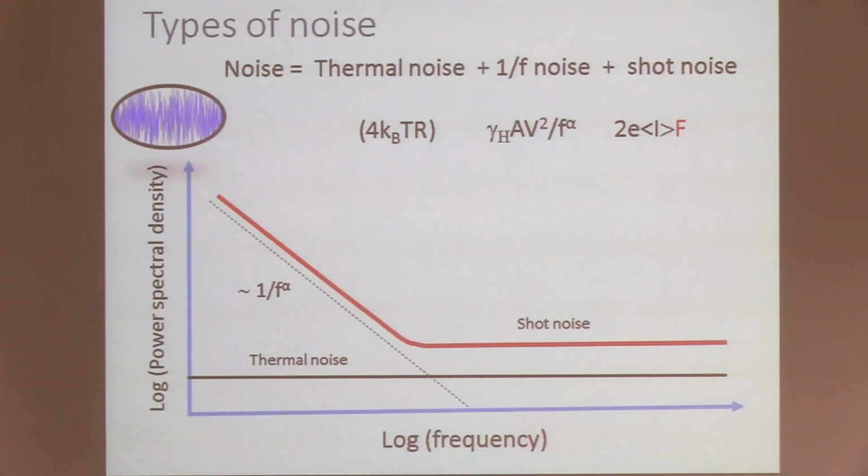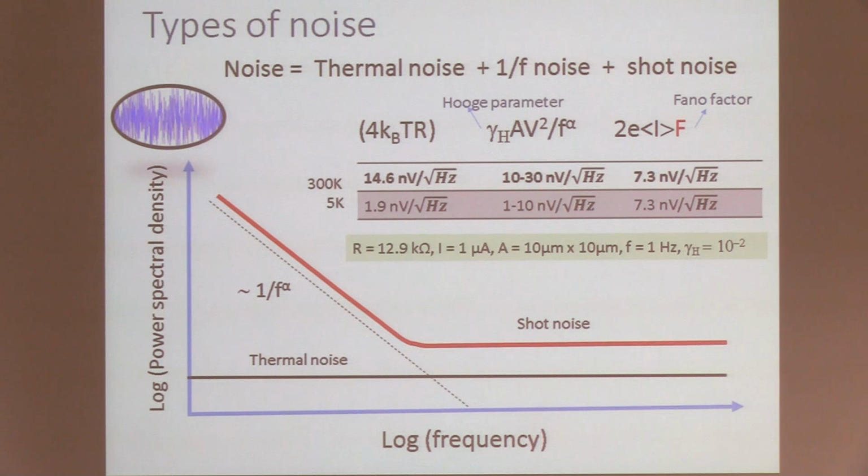So these are the typical magnitudes of noise. If you are at 300 Kelvin, then your thermal noise for a resistance of 12.9 kilo ohm, that means h over 2e squared, is 14.6 nanovolt per square root hertz. If you go to 5 Kelvin, the shot noise does not change with temperature, so it remains the same.